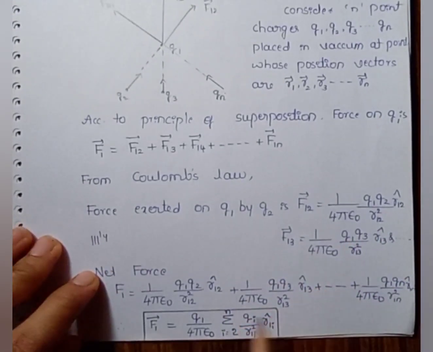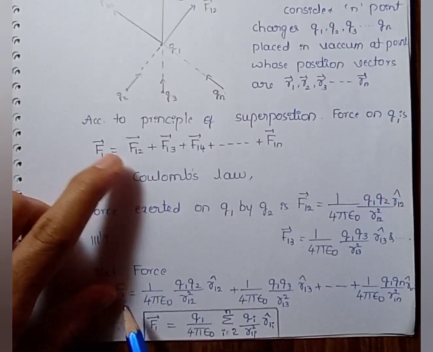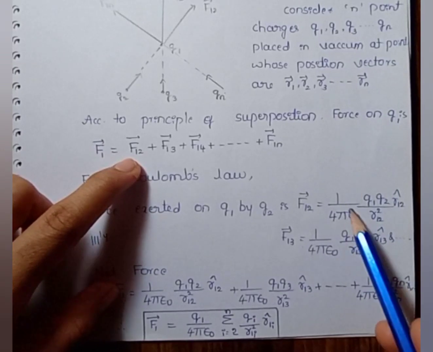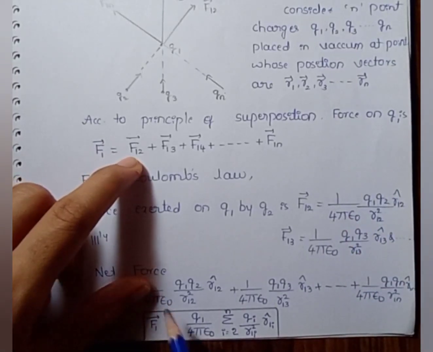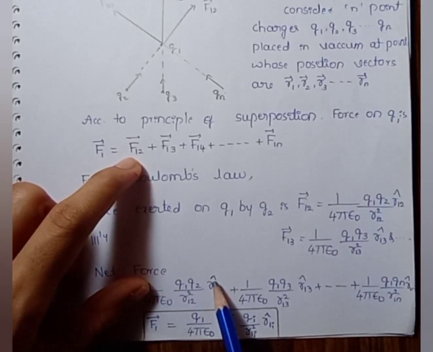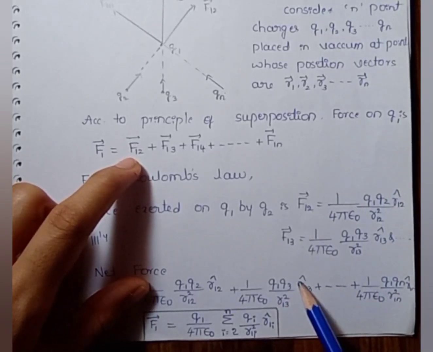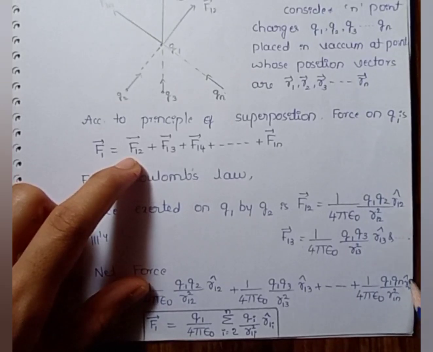Therefore, net force F1 is equal to F12, which is 1 by 4 pi epsilon naught Q1 Q2 divided by R12 square R12 cap, plus F13, which is 1 by 4 pi epsilon naught Q1 Q3 divided by R13 square R13 cap, so on up to 1 by 4 pi epsilon naught Q1 Qn divided by R1n square R1n cap.